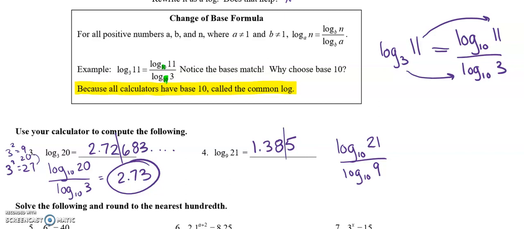Rounding to the nearest hundredth, that will be 1.39. You can tell, 9 to the first is 9, 9 to the second is 81, so clearly 21 falls in there somewhere. I'd expect it to be less than 1.5 because 21 is closer to 9 than it is to 81.